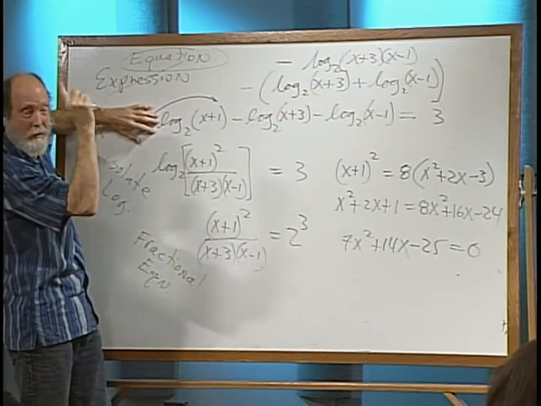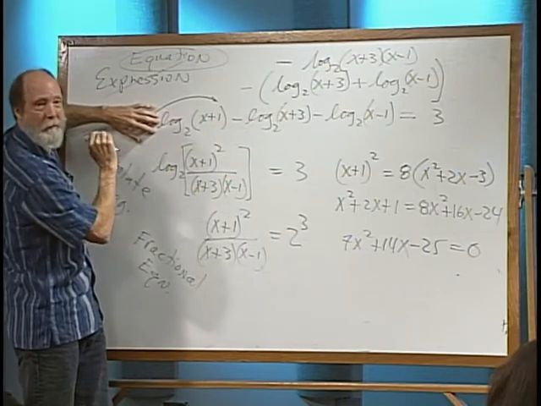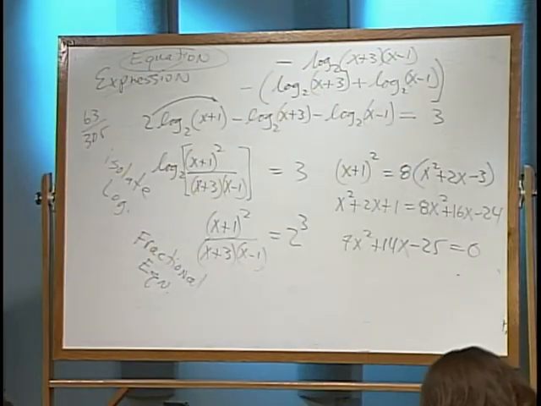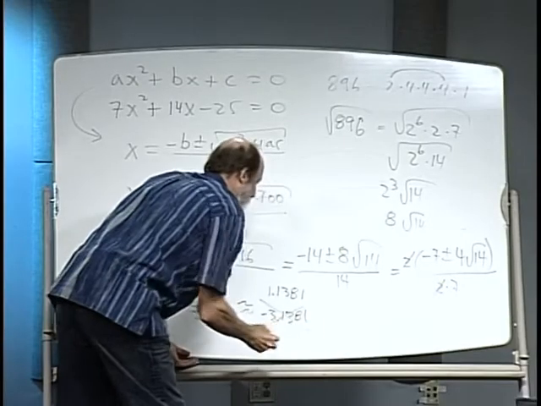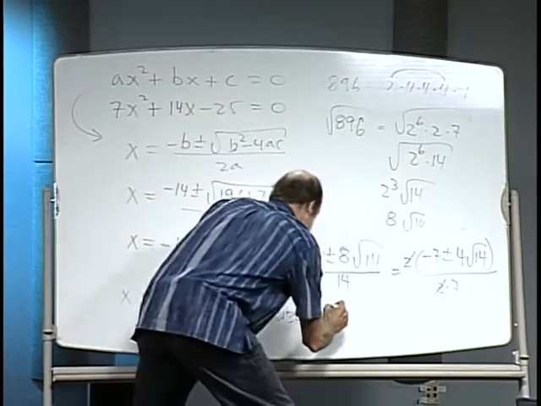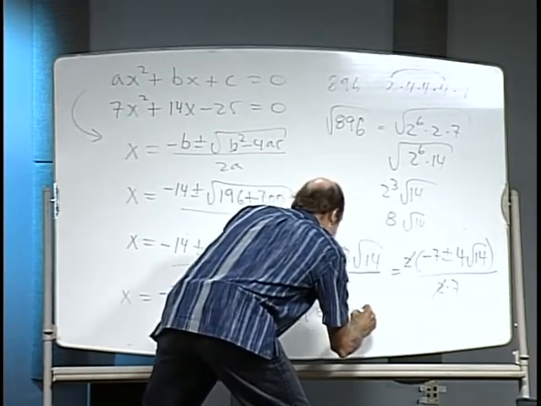Yep. Good. So you can't have logarithms of negative numbers. So right away we can discard this negative 3.1 answer as what we call in mathematics an extraneous root. Extraneous root.